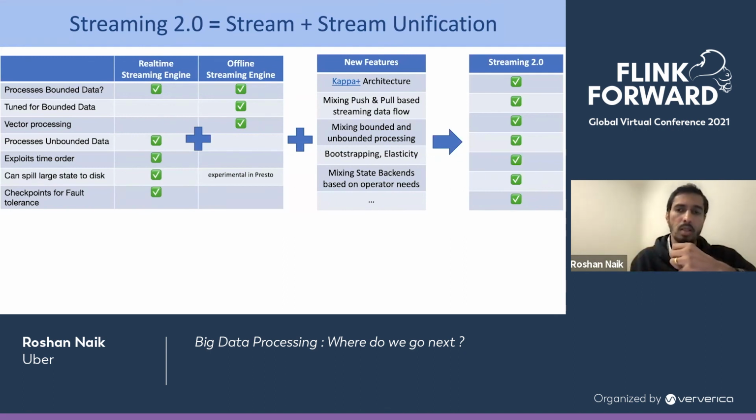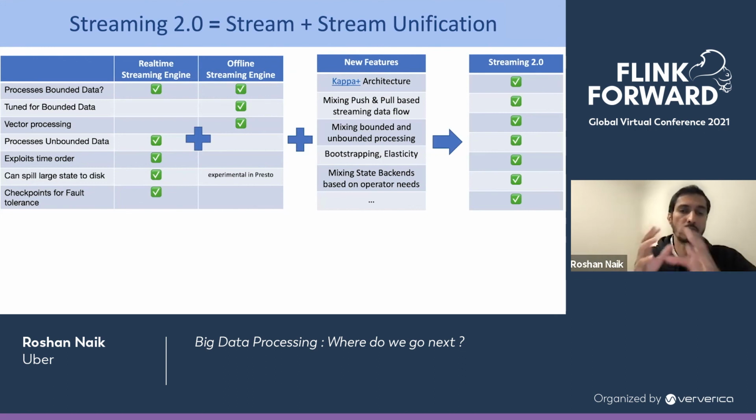The next one is mixing bounded and unbounded processing. This enables many use cases. So, for example, you could have an operator which takes one bounded stream and another unbounded stream, or it could also be in the form of bootstrapping, where you start the job by processing offline, bounded data, and then you switch over to real-time mode where you're processing unbounded data.